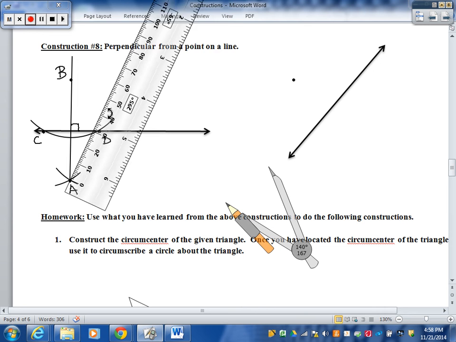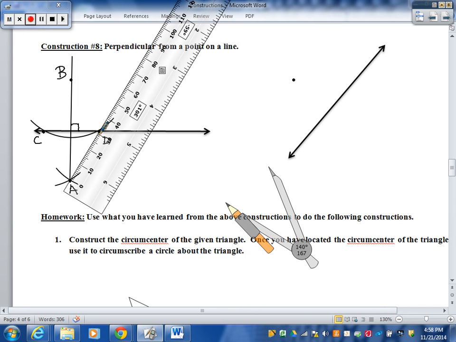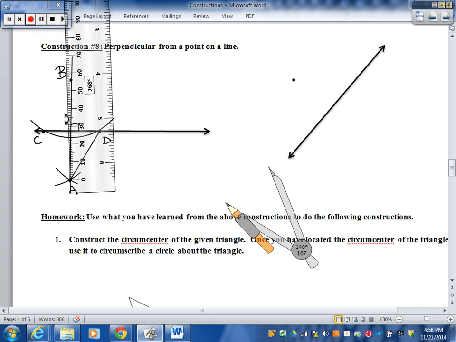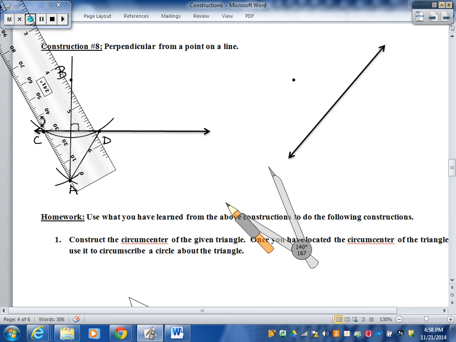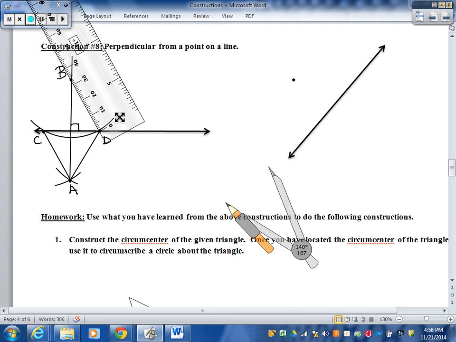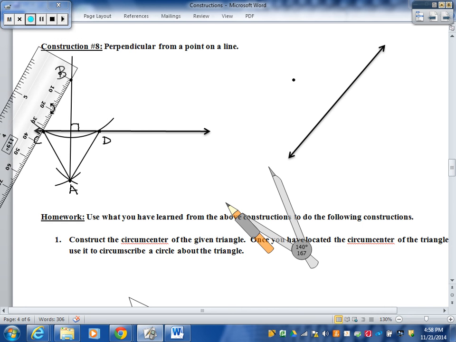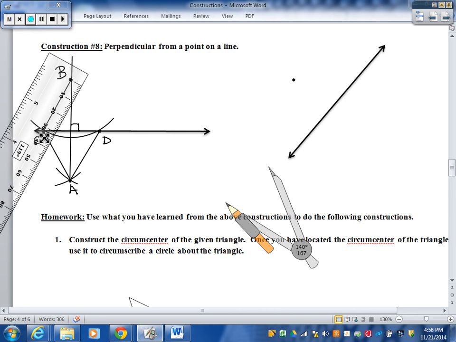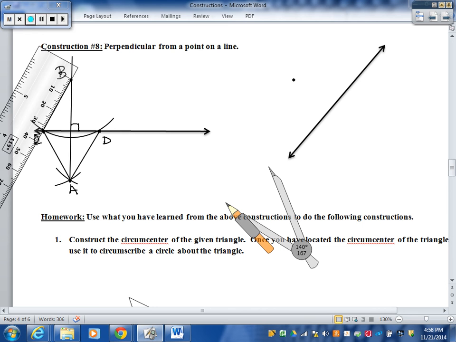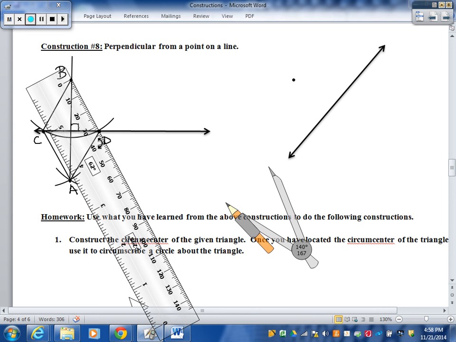If you go ahead and connect A to D and connect A to C, and connect, let's do D to C, that way I don't have to move the straight edge again, and connect, maybe I will have to move again, and connect D to B.